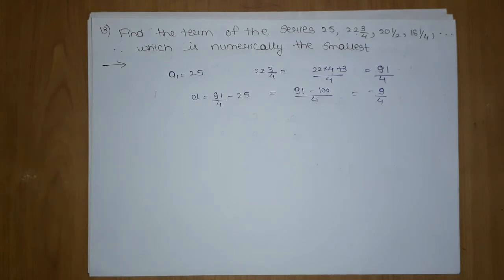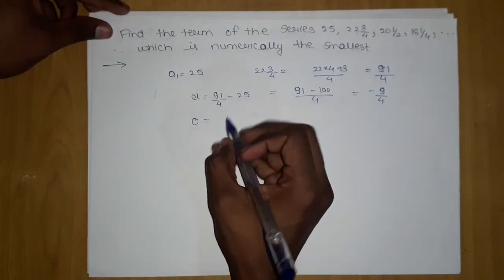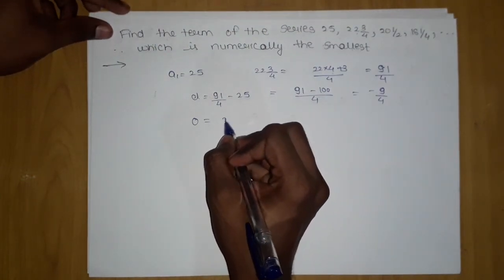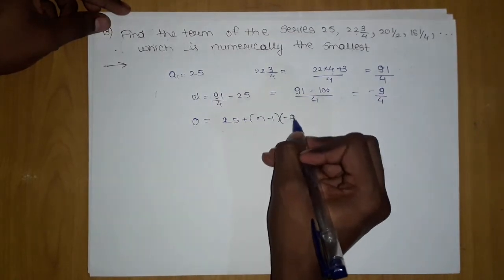And here you can see numbers are decreasing. So it is just the application of what we learned: find the sum of the least positive term. So we will just take 0 as the last term. Then a is what? 25 plus n minus 1 into d, which we found out is minus 9 by 4.